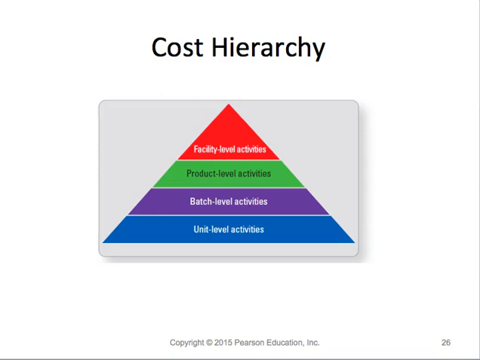So these are different levels of the costs. We have unit level activities based on each unit. Batch level is for each batch of the products, and then we have a product level. Product level can be multiple batches.